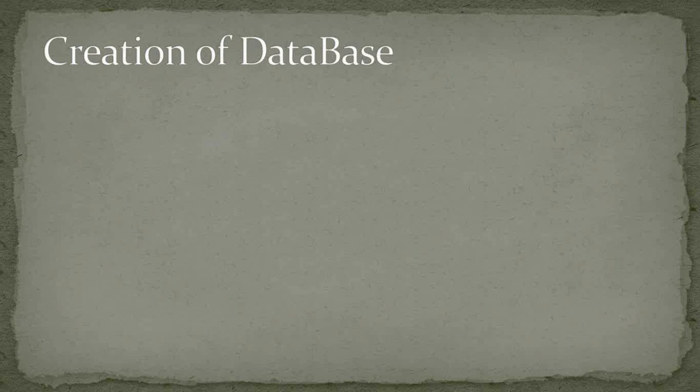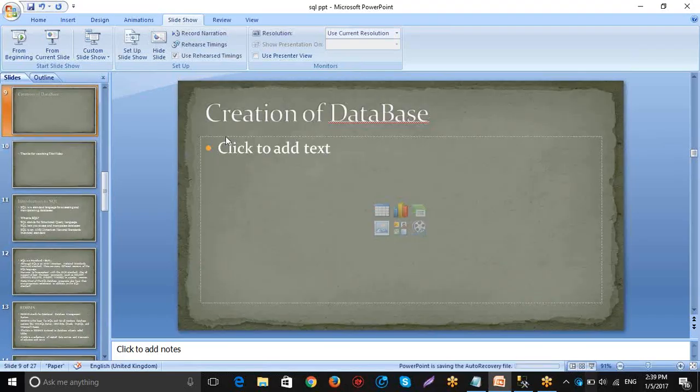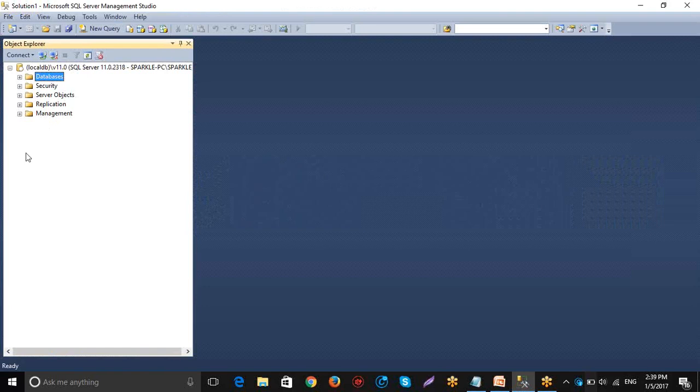These files contain tables and other database objects such as views, synonyms, indexes, stored procedures, etc. Just as there are different ways to connect to a server, in the same way there are different ways to create a database. We are having two types of database. One is system defined database and the second one is user defined database.